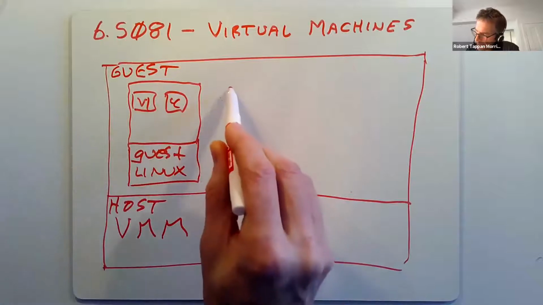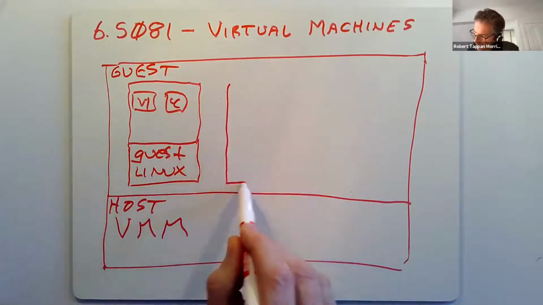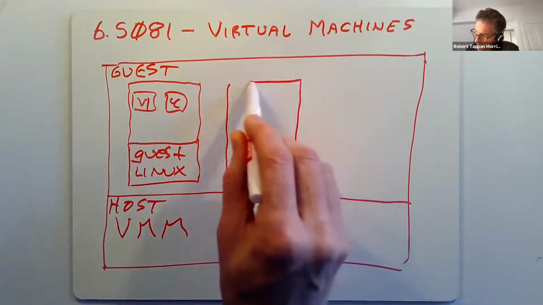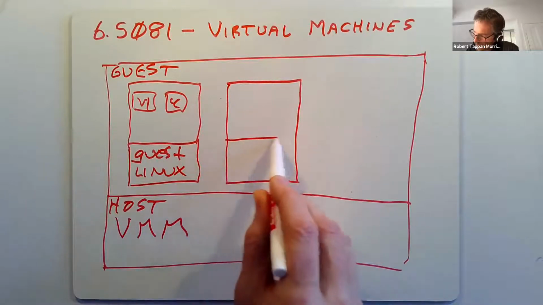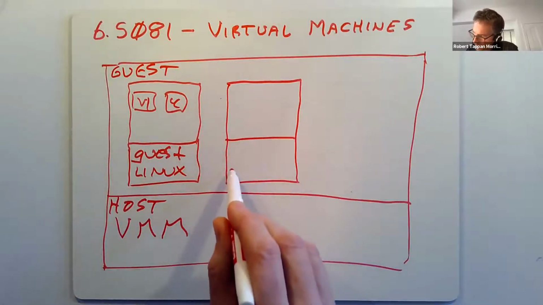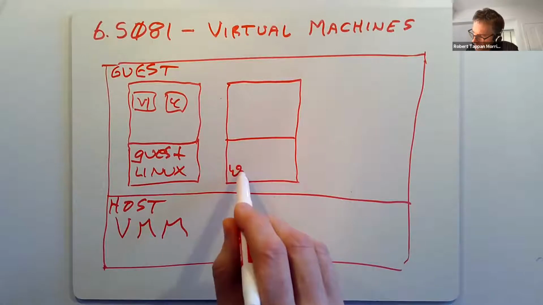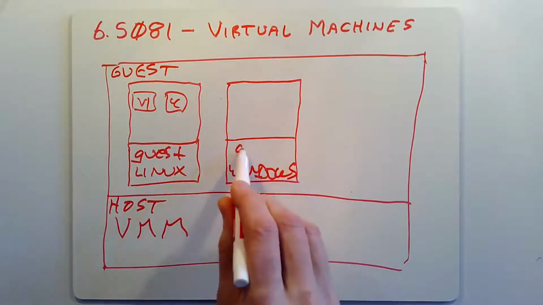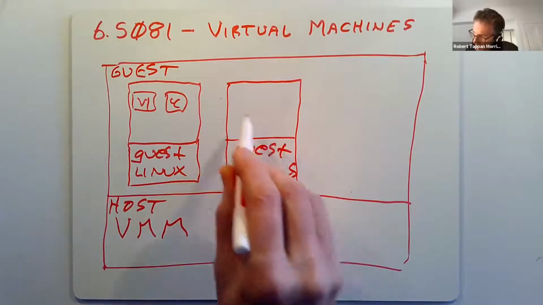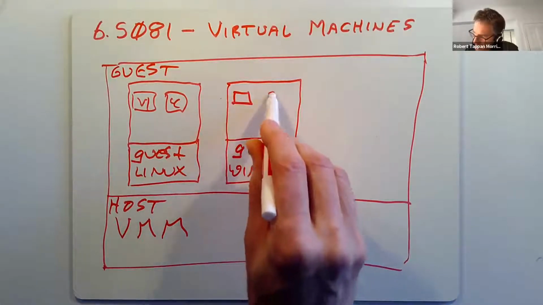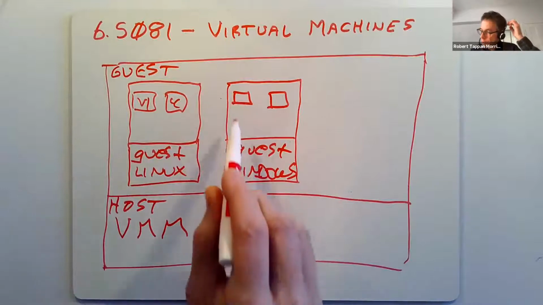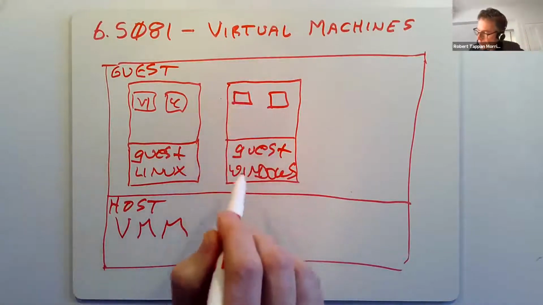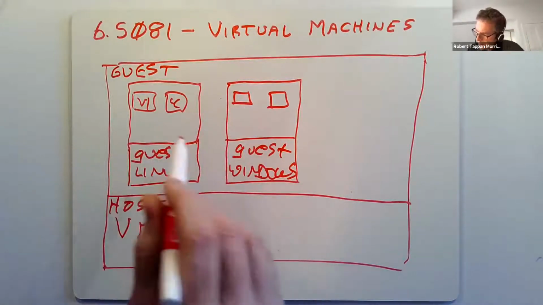And we might have other guest virtual machines running here. That might be maybe another Linux, or maybe even some other operating system like Windows, all running on the same machine. And there would be Windows processes running within this guest operating system.